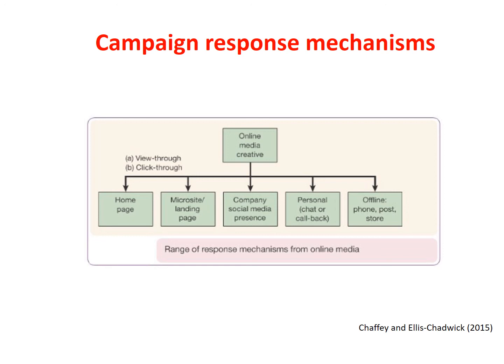So company social media presence, personal chat or callback, if you offer this, and offline, phone, post, store. So a range of response mechanisms from the online media. This is all going to affect how effective your e-commerce and e-marketing is.